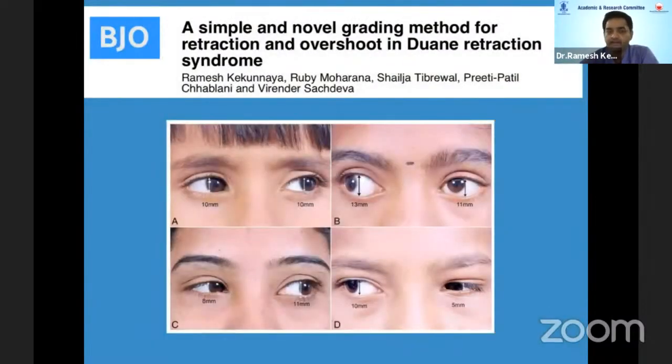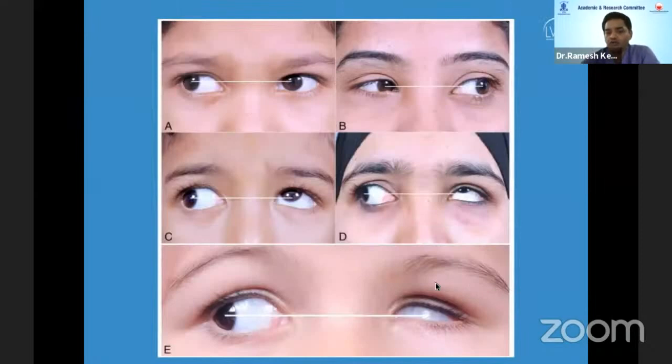How do you grade? There is a system of grading by measuring the palpebral fissure against the fellow eye. Whether it is 25% less, 50% less, 75% less, or more than 75, we can grade them into grade 1, grade 2, grade 3, grade 4. The same holds good for retraction as well, and the overshoot.